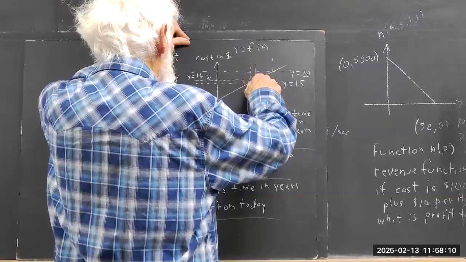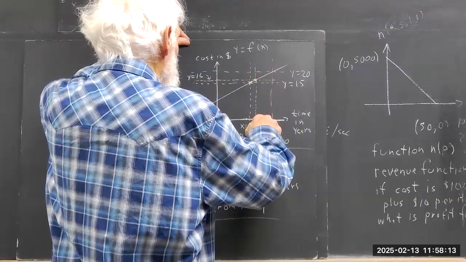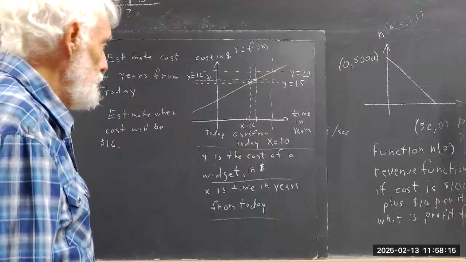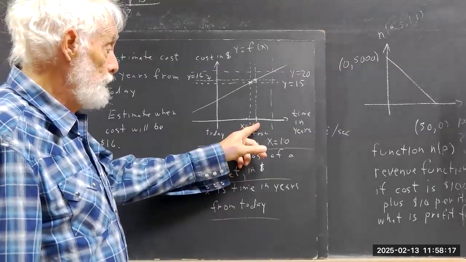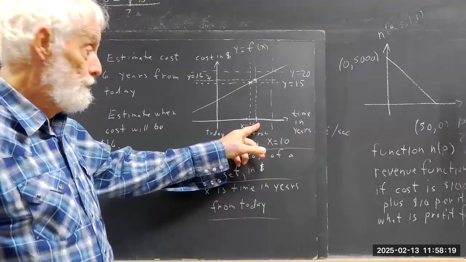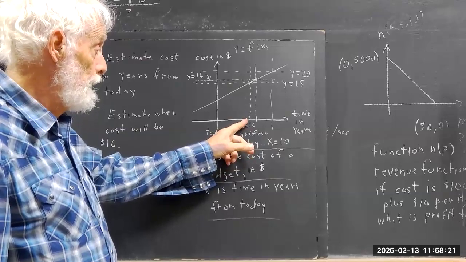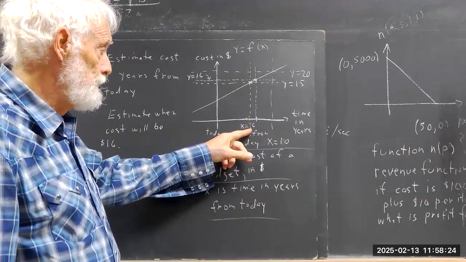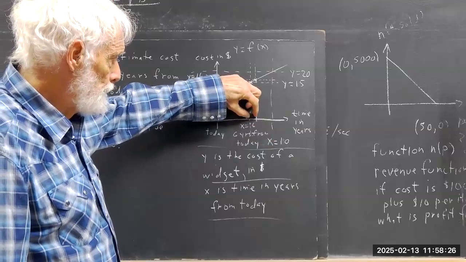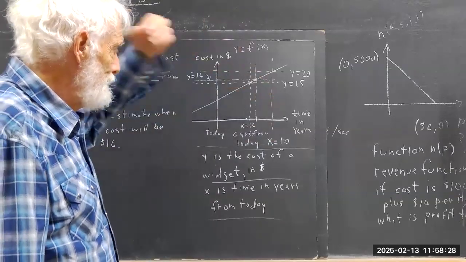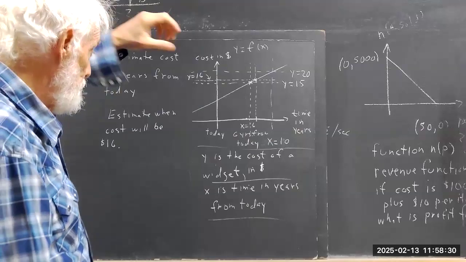And we sketch a vertical line, figure out what x is, right? Now, here x is 6 and here it's 10. So if that was 6, 7, 8, it's going to be a little more than 7.